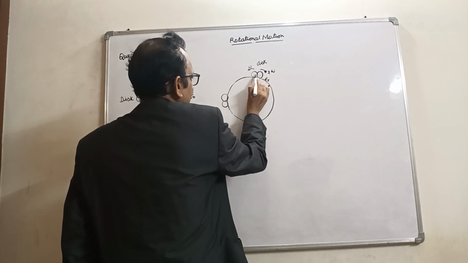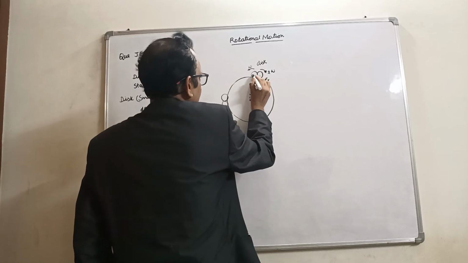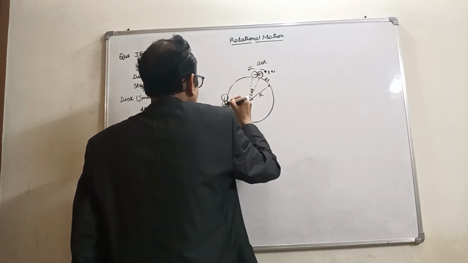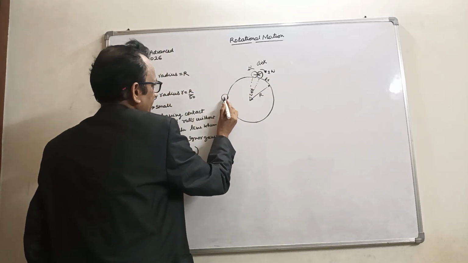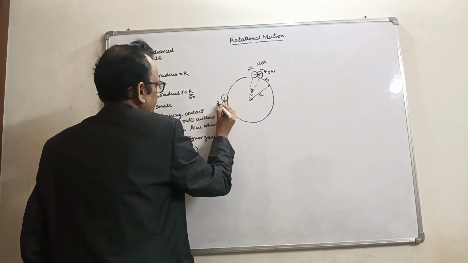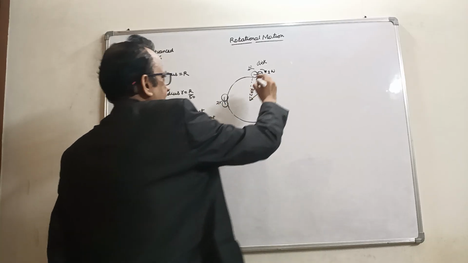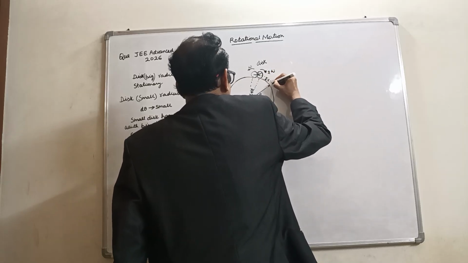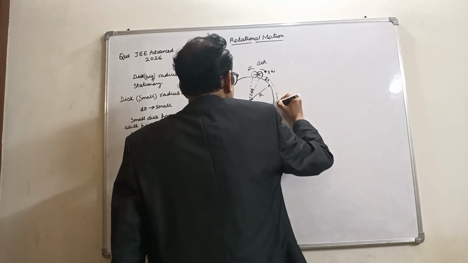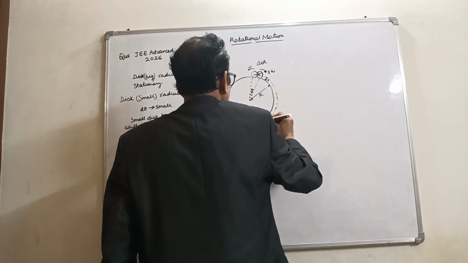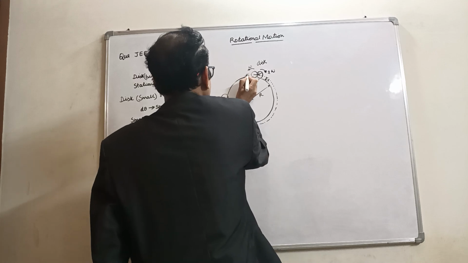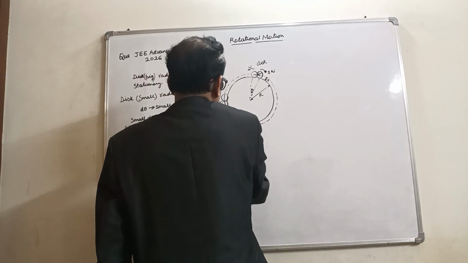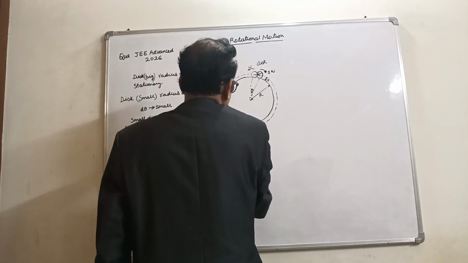The small radius is r, so this distance would be 2r. Similarly, this distance from the center would be 2r, and we know the center of mass of the small disk traverses such a loop.